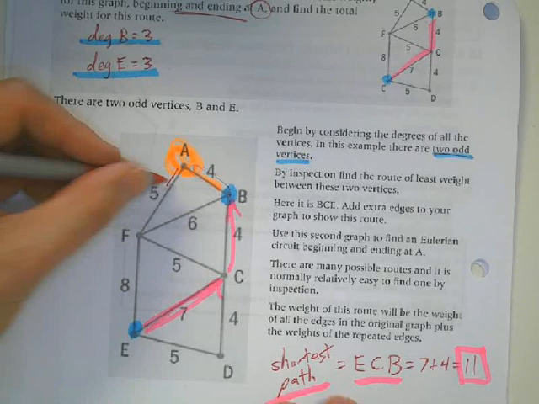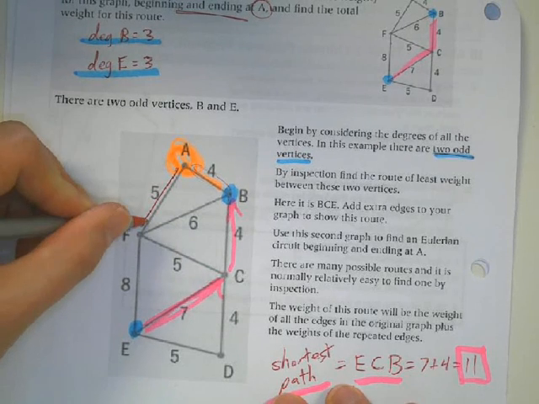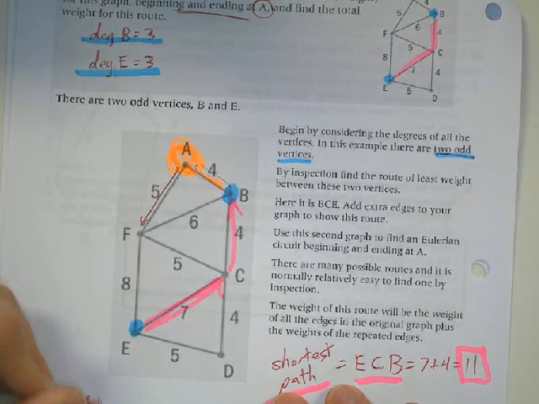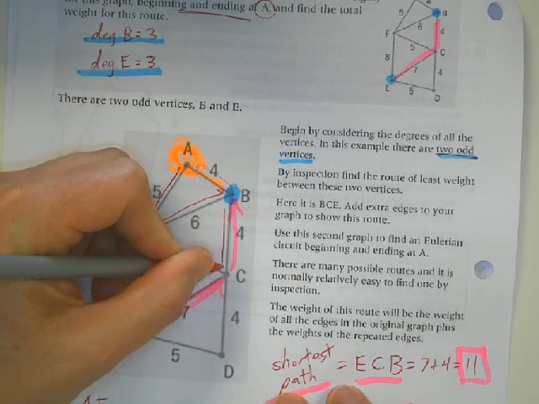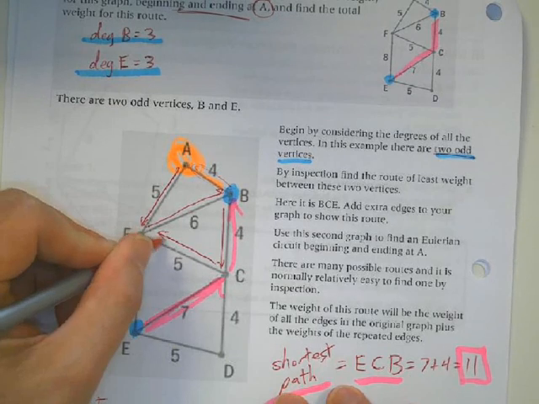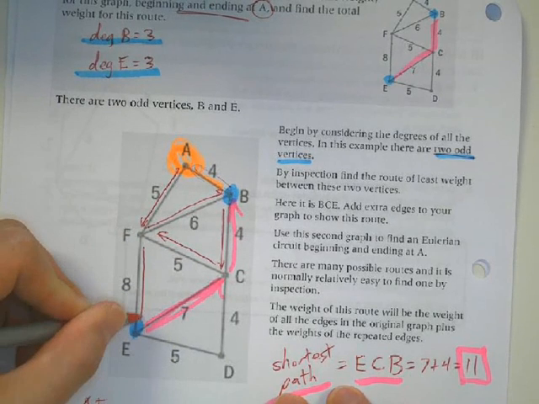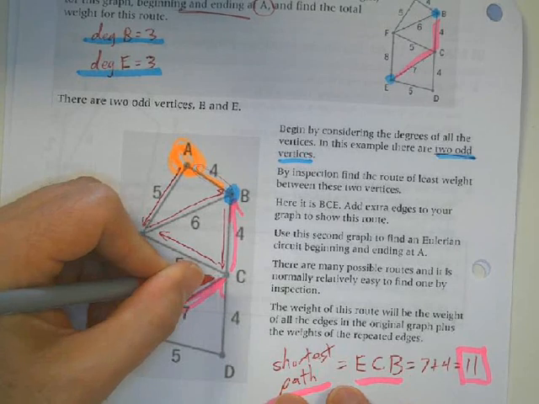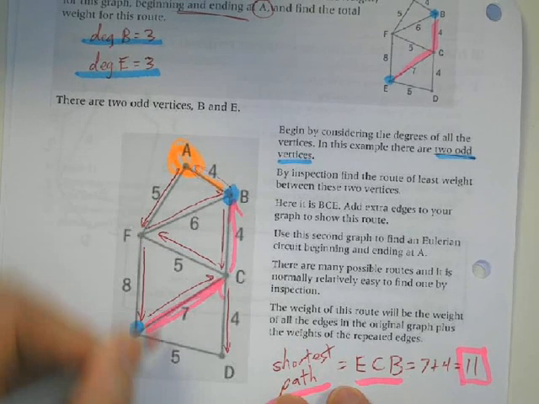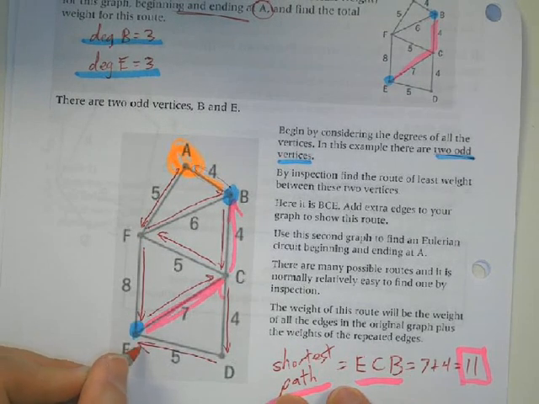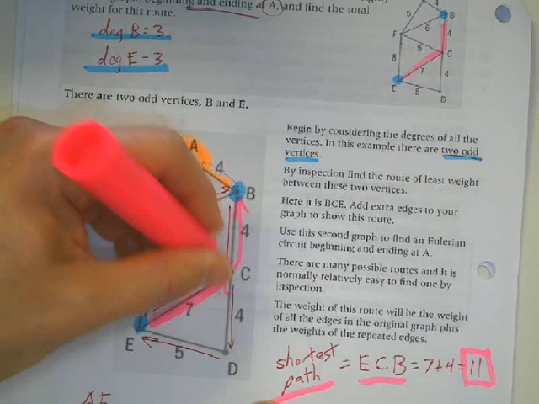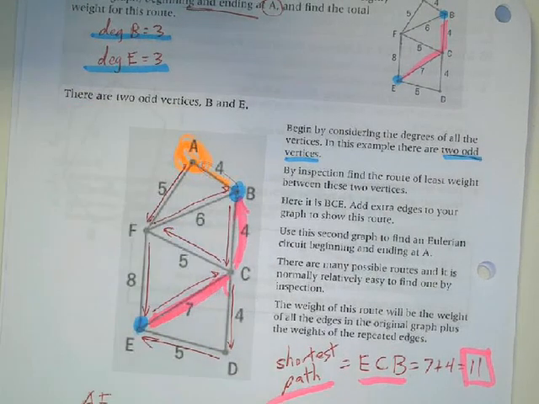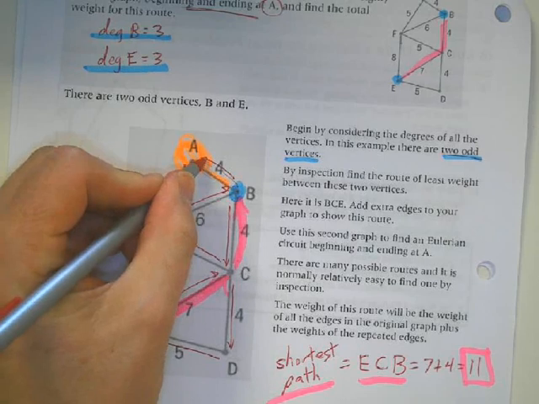So I'm going to go A to F to B, down this way, back this way, down this way, back this way, back this way. Now I can do my repeat paths, and then I finally end up back here.